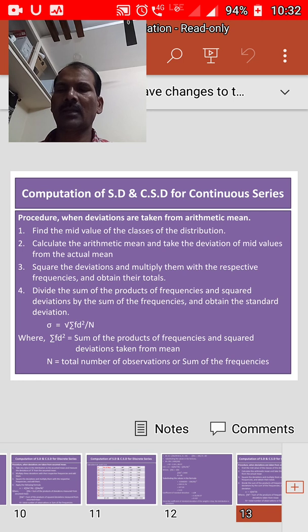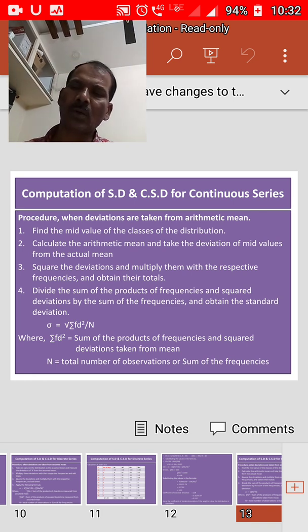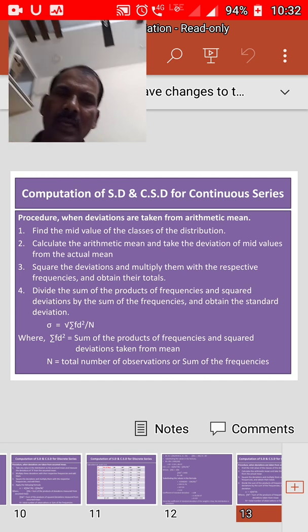Second, calculate the arithmetic mean and take the deviation of mid value from the actual mean. Third, square the deviations and multiply them with their respective frequencies and obtain their totals. Fourth, divide the sum of the products of frequencies and squared deviations by the sum of the frequencies and obtain the standard deviation.